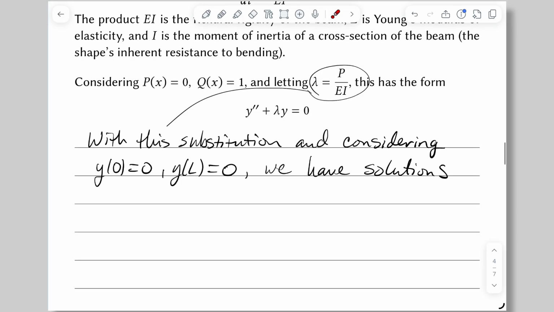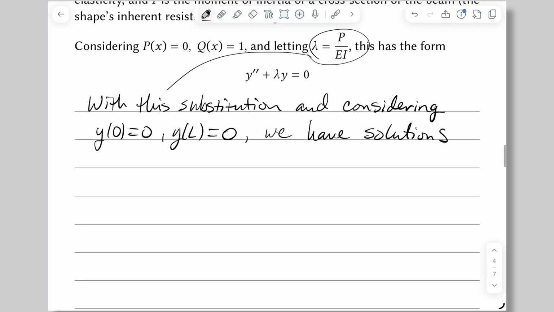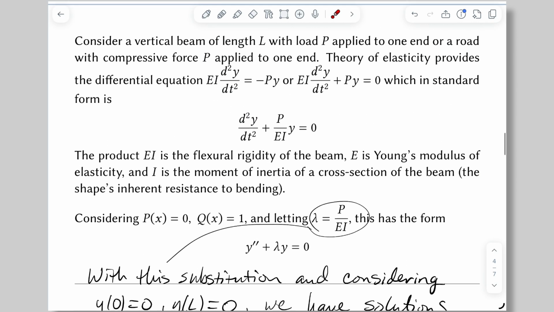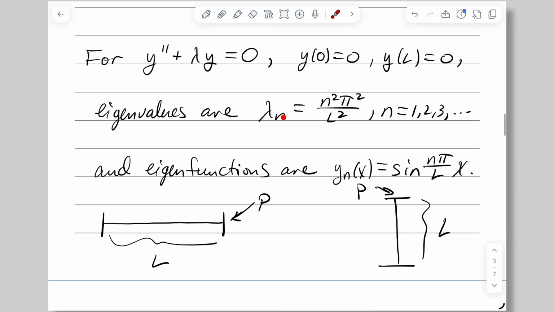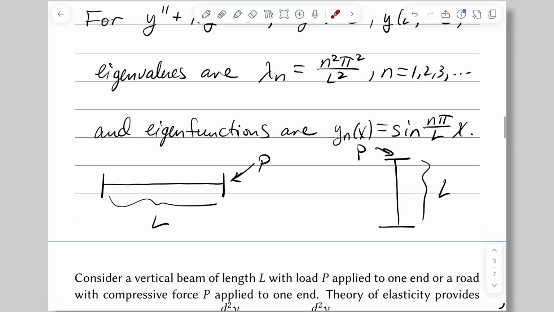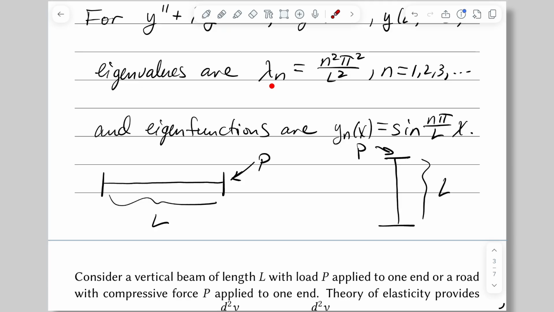This is why I think boundary conditions makes sense. I was mid-sentence here. We're going to have solutions y equals b times the sine of n pi over L x. Now we've been talking about these eigenvalues, right? This eigenvalue, lambda sub n equals n squared pi squared over L squared, is a value for which the solution to the differential equation is not the trivial solution.